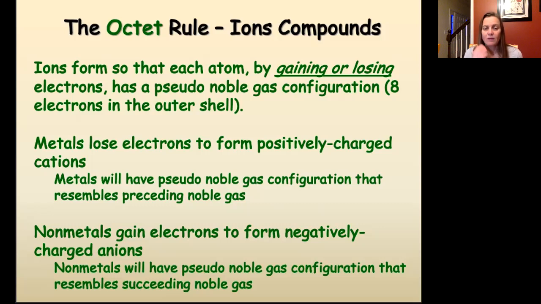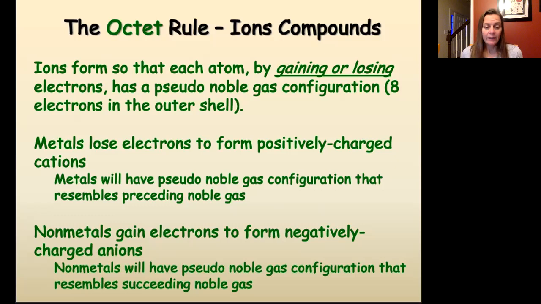When our metals form ions, their pseudo noble gas configuration, remember pseudo means fake, is going to look like the noble gas that comes before that metal. But when our nonmetals form ions, their pseudo noble gas configuration is going to look like the noble gas that comes after, because they're gaining electrons.